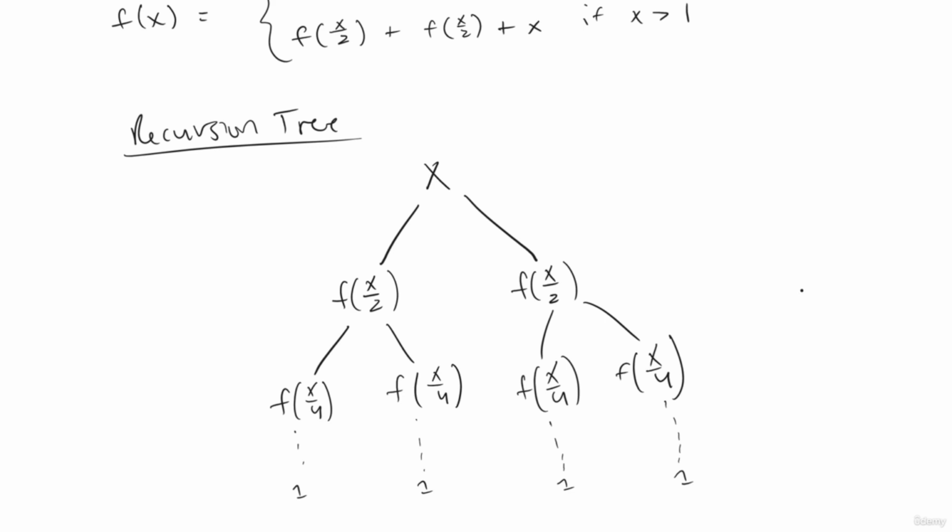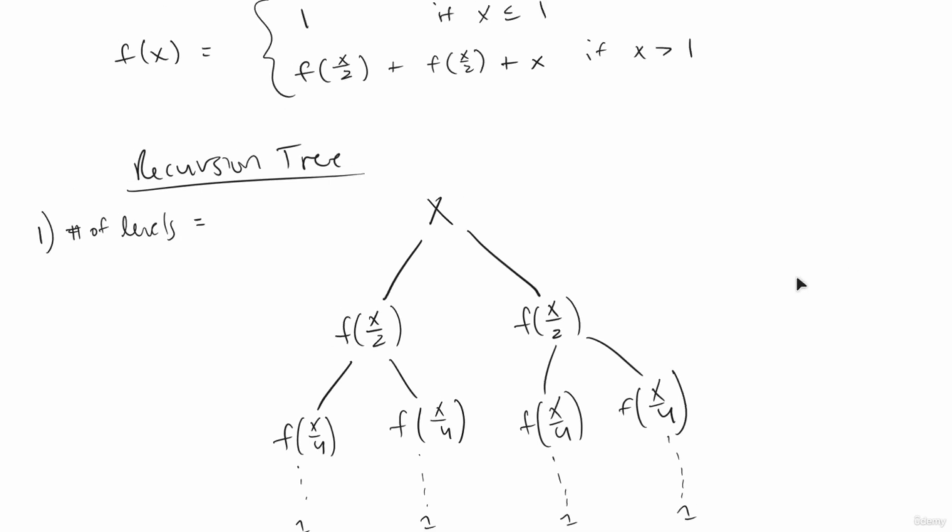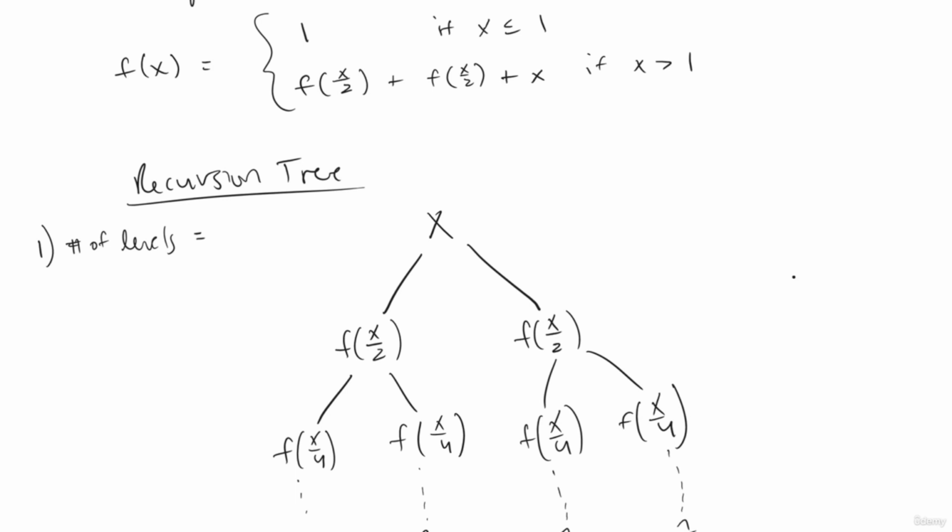One way to analyze this function right here, its value, is let's first look at what would be the number of levels of this tree for any given input x. And if we think about this, what's really happening is that at each step, the size of the problem is getting split in 2.